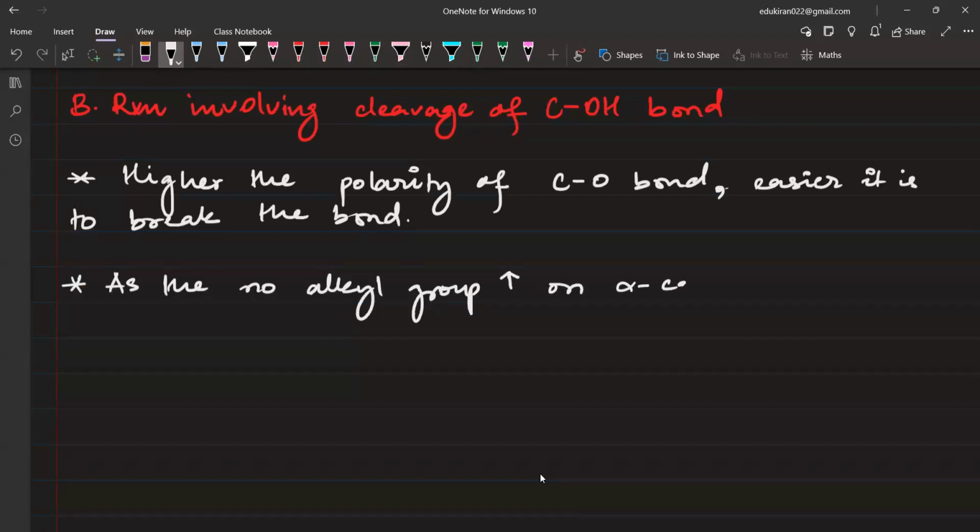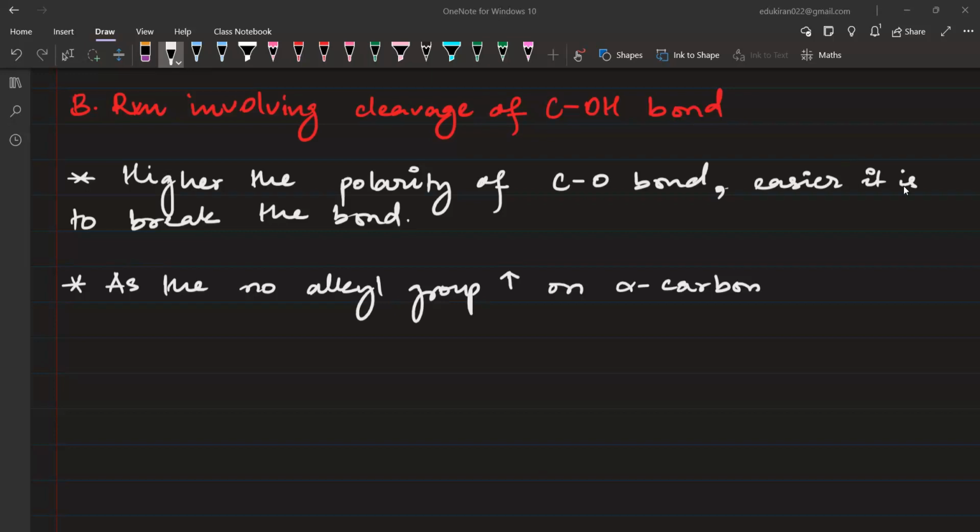Alpha carbon मतलब the carbon that is having the hydroxy group, the OH group. जितने ज्यादा आपके पास alpha carbon में alkyl group जुड़े हुए होंगे, the more intensely it will be giving electrons to oxygen. और जितना ज्यादा आप ऑक्सीजन को इलेक्ट्रॉन देंगे, the partial negative charge on the oxygen atom will increase. And if it increases very high, that means the bond will be very polar.